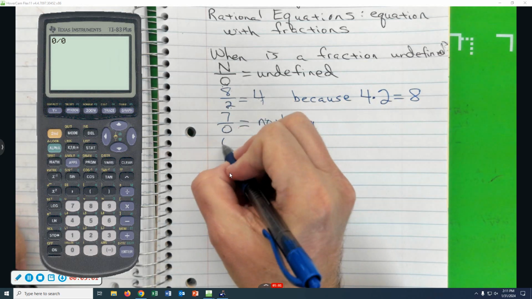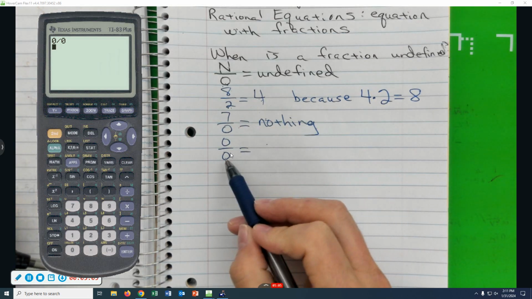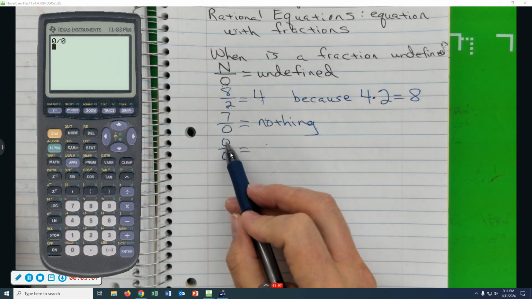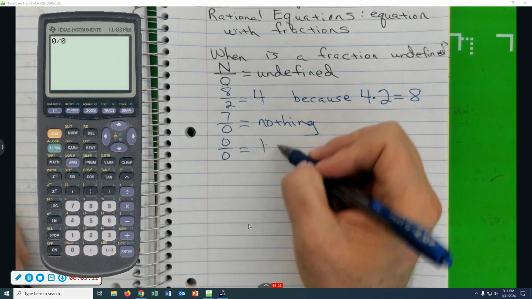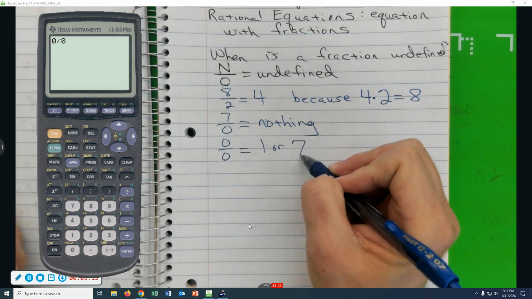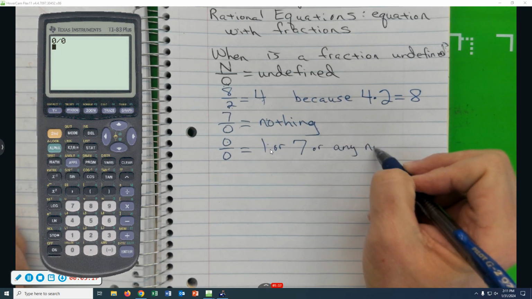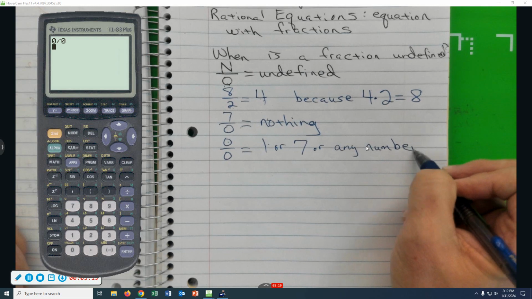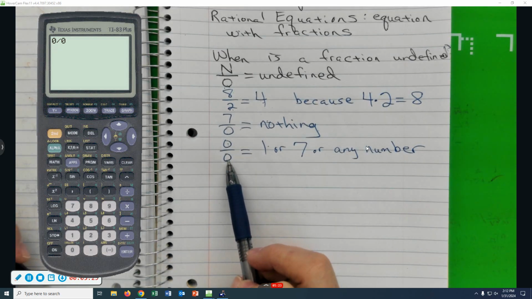What about 0 divided by 0? What number times 0 will give you 0? Suppose you put 1. It could be 1, or it could be 7. It could be any number, right? So the quotient isn't unique. Hence, even 0 divided by 0 is undefined.